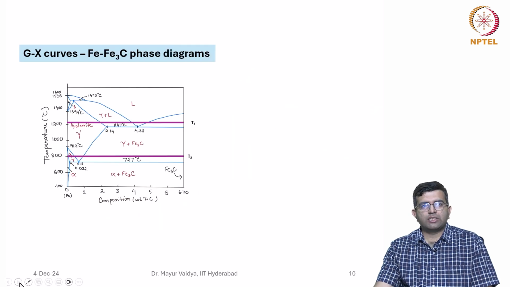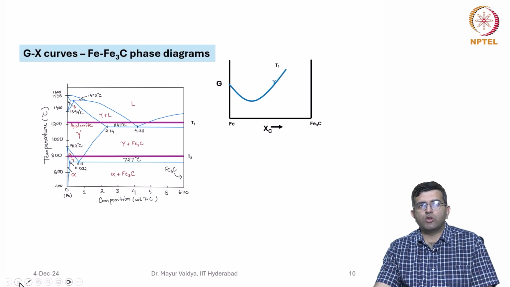This is an example just to show you how we can draw the free energy curves for more complicated phase diagrams, like iron Fe3C. Typically, in iron Fe3C, there are the possible phases alpha, delta, Fe3C, gamma, and liquid. You put all these curves in the free energy diagrams.